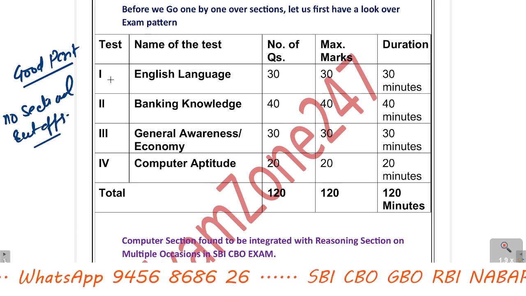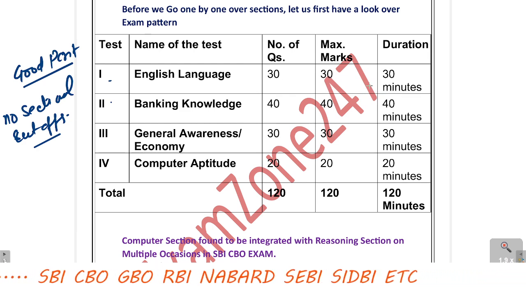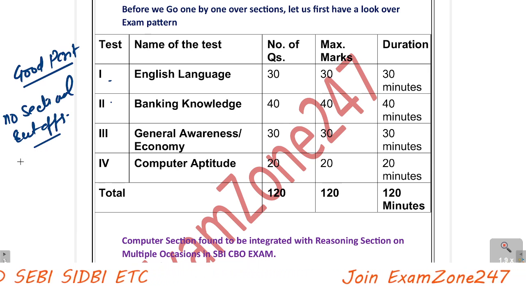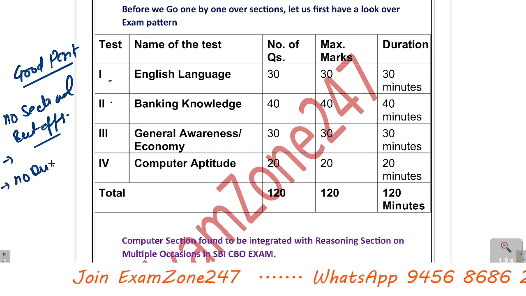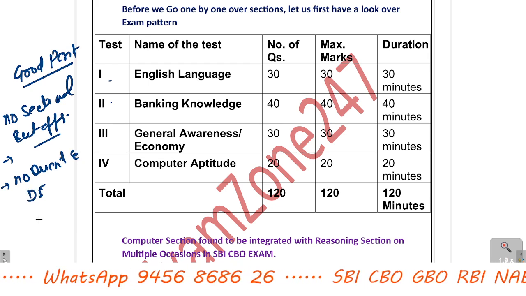You need not pass in every section; even though there is sectional timing, the cutoff will be overall. Further, no quant and DI, so speed is not a matter here.